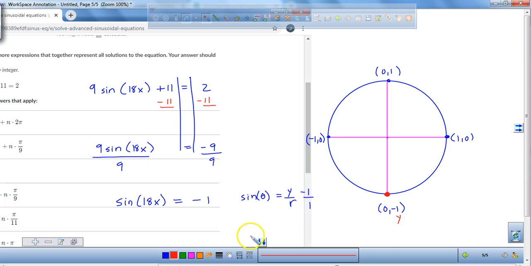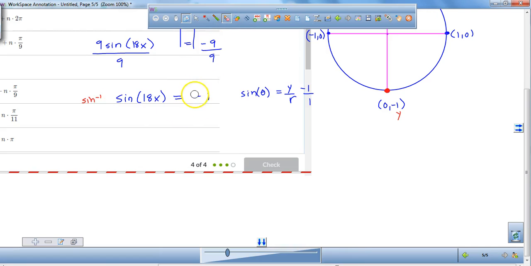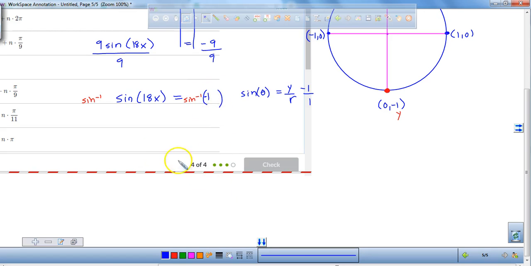Okay? So, if I take the inverse of sine on this side, and I take the inverse of sine on the other side, and this is a negative 1, you're going to get 18x, because these cancel out, equals negative 90 degrees.